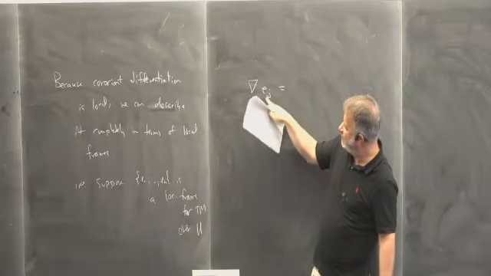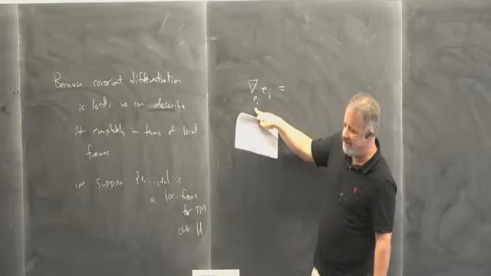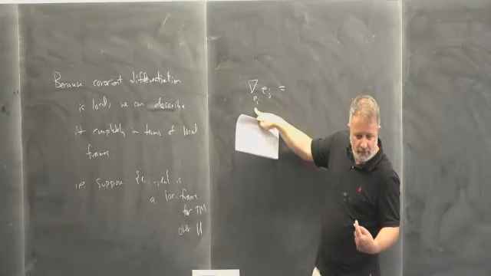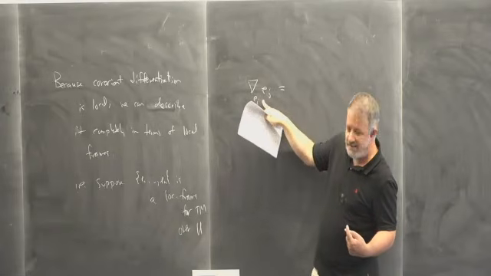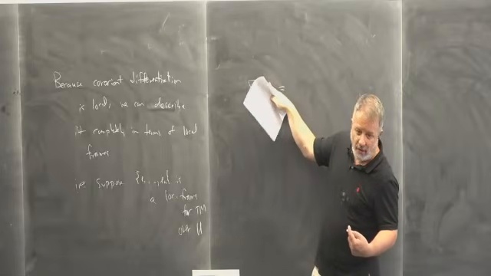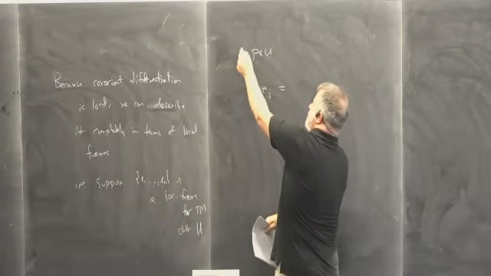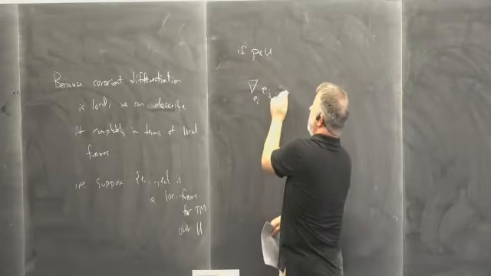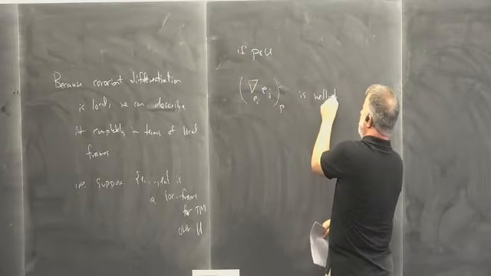So what does this mean? I told you these have to be vector fields on all of M. But if I want to evaluate this at some point P in U, all that should matter is what the value of this is at P and the value of this on an open neighborhood of P. So I can take U, an open neighborhood of P. Then this at P is well defined.